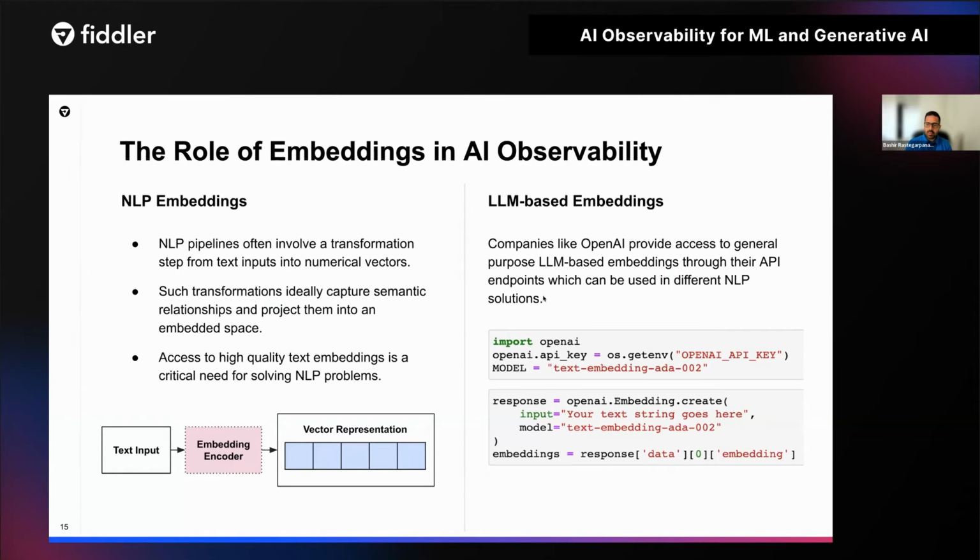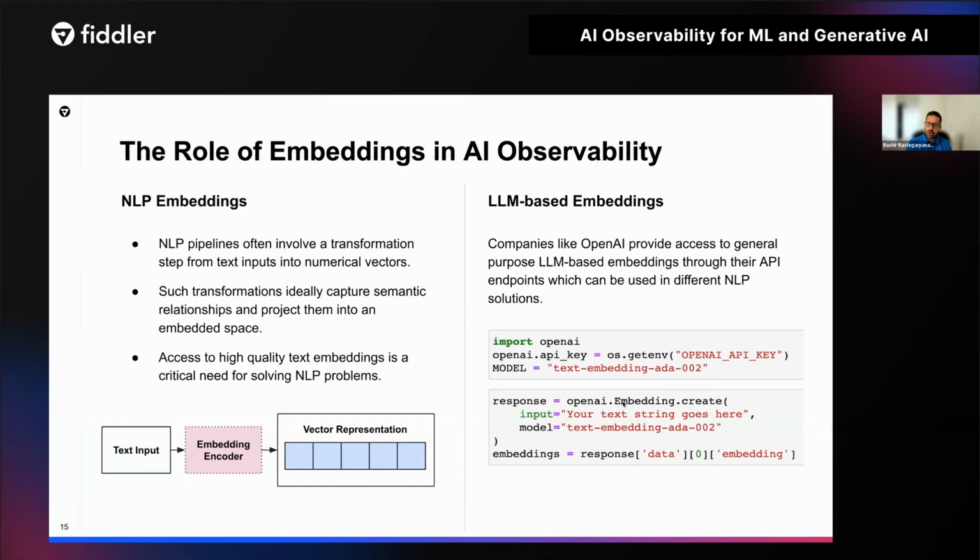Here you see an example of how one can use the OpenAI embedding service. After importing OpenAI, assuming that you have an account, you use your key and choose one of the embedding models. Here I'm choosing Ada 2, which is the most recent embedding model that OpenAI has published.